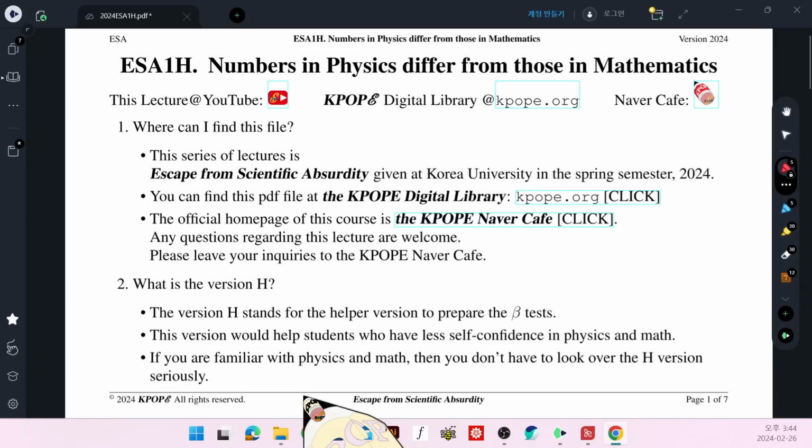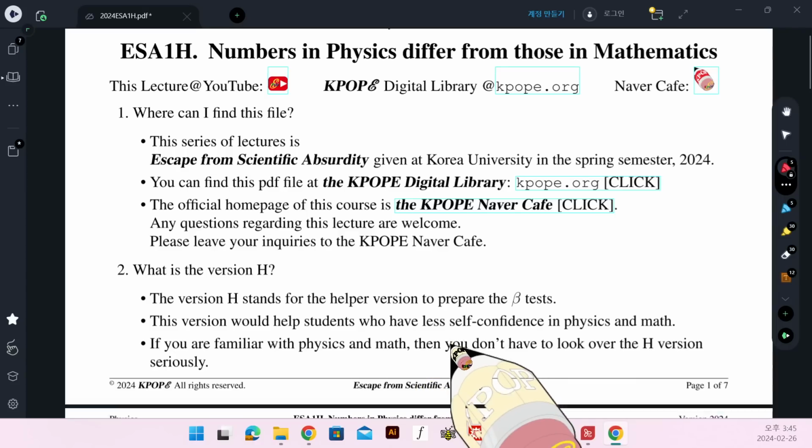Everybody knows that every class we take 10 beta tests, and a single test consists of 10 questions. This version would help students who have less self-confidence in physics and math. If you're familiar with physics and math, then you don't need to worry too much about what is written in the H version.